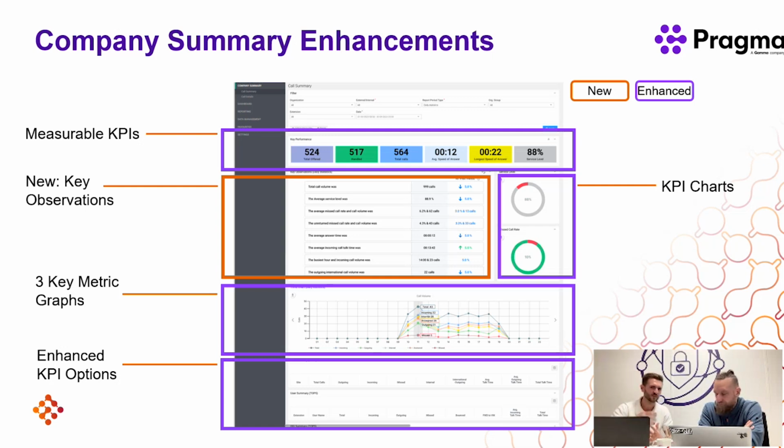At the top, we've got some enhancements around the measurable KPIs in terms of wallboards. We've got some charts which people can see, pie charts. And if you had a customer service average ring time, we've got some alterations for that. And along the bottom, the other one that we've changed is the graphs as well. So giving people a nice high level overview, but to view the metrics within the business in different ways, in different instances, isn't it?